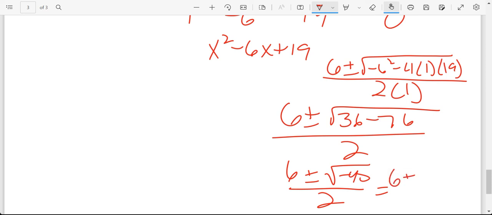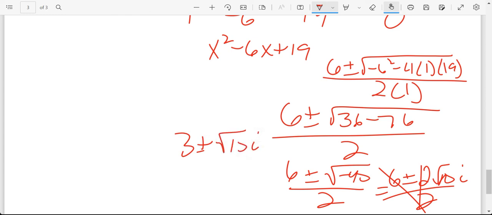Simplify: 6 plus or minus 2 root 10 i over 2, and then that simplifies to 3 plus or minus root 10 i.